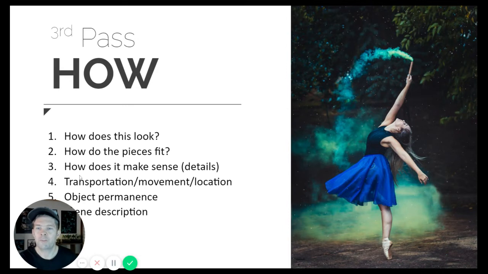So you're going to be focused on how does this make sense in the details of the scene. And that can include the transportation or the movement or the location. Like if you're in a scene, you may want to map it out, like what this location looks like. And I'll provide some examples later on, I think.